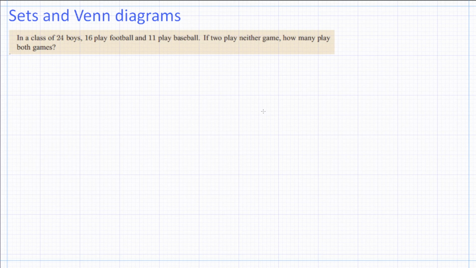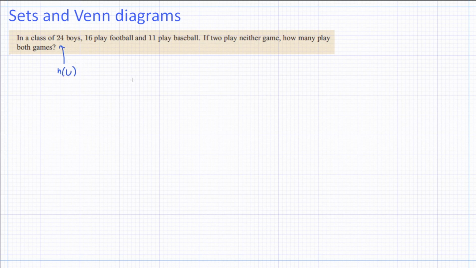So another example now. In a class of 24 boys, 16 play football and 11 play baseball. If 2 play neither game, how many play both games? So here, 24 is actually the number of elements in my universal set, right? That's basically the total.